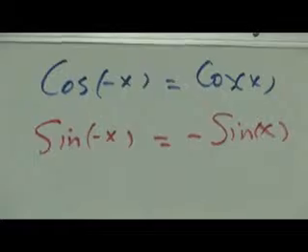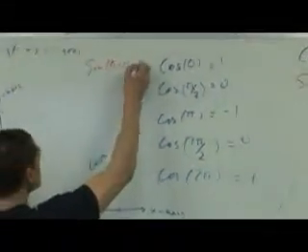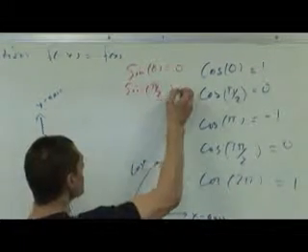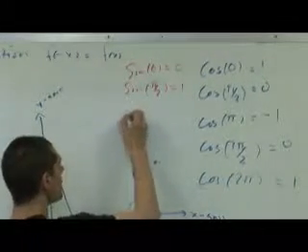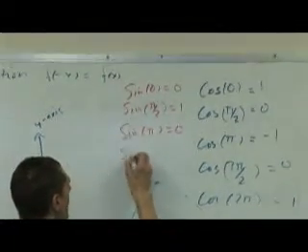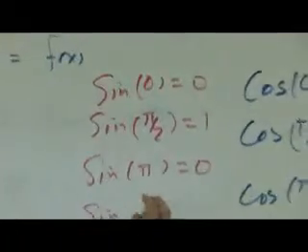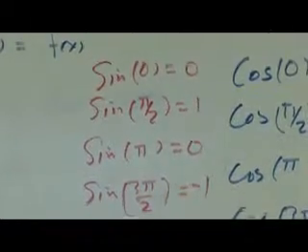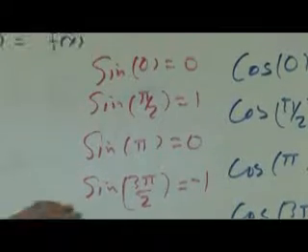Some things that you need to know is that sine of 0 is 0. The sine of pi over 2 is 1. The sine of pi is 0. And the sine of 3 over 2 pi, or 3 pi over 2, is equal to negative 1. And I'm getting out of room here a little bit.